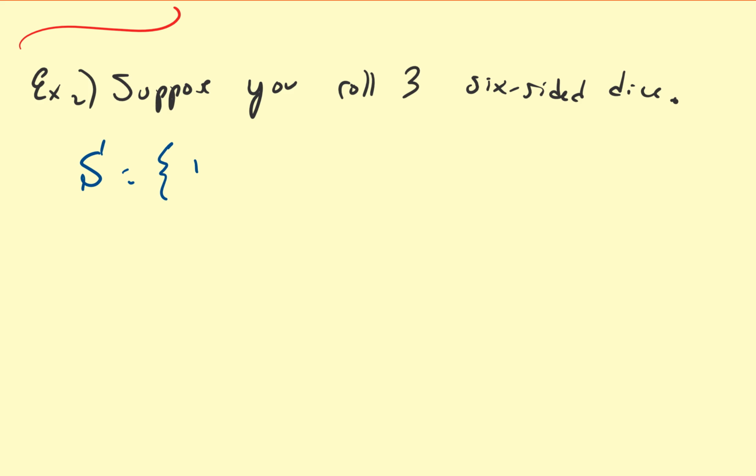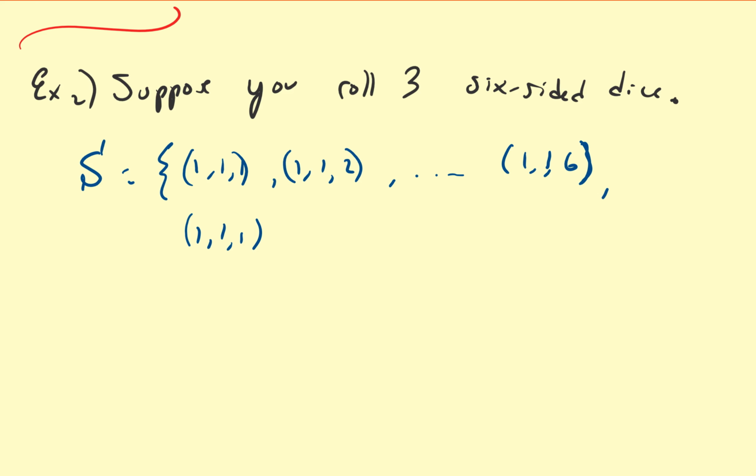S is going to contain 3-tuples, such as 1 1 1, 1 1 2, all the way down to say 1 1 6. You're going to have things such as 1 1 1, or 1 2 1, 1 6 1, all the way down to eventually 6 6 6.